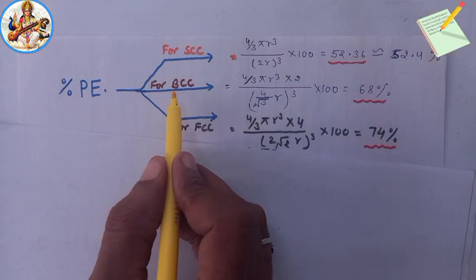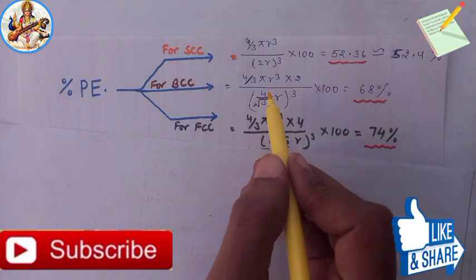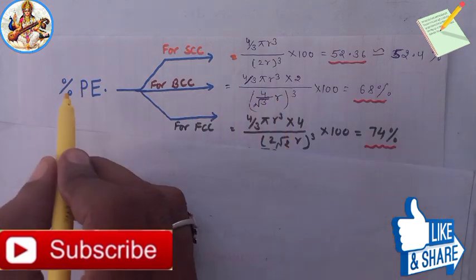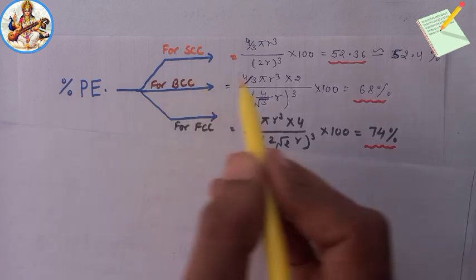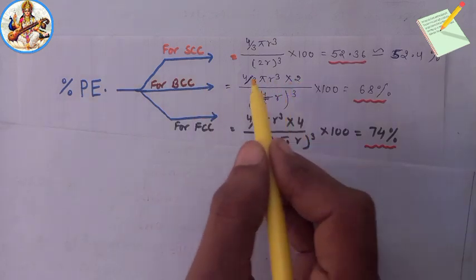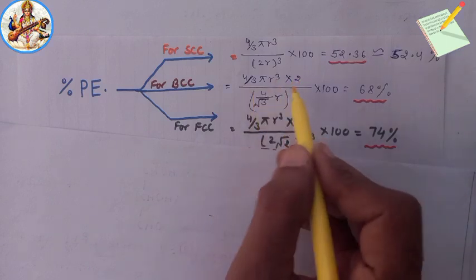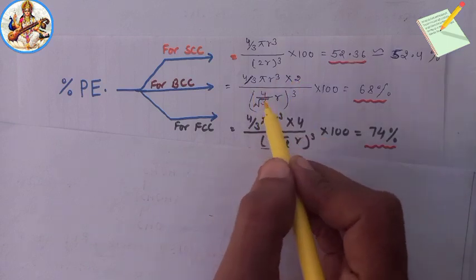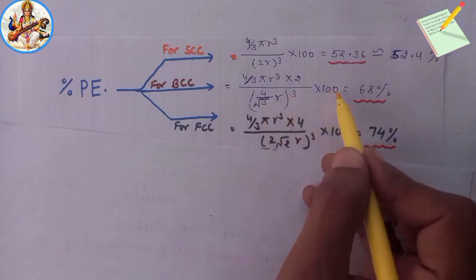Similarly, for BCC, percentage packing efficiency is equal to, we know that in BCC per unit cell there are 2 particles present, therefore 4 by 3 pi r cube into 2 divided by (4 upon root 3 r) cube into 100.